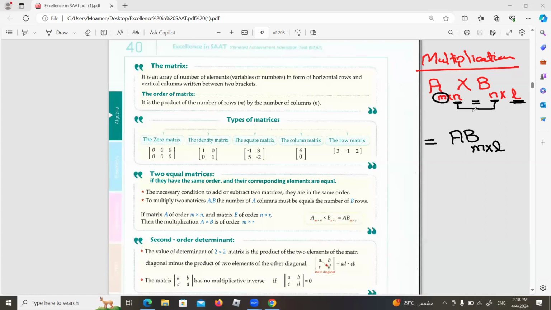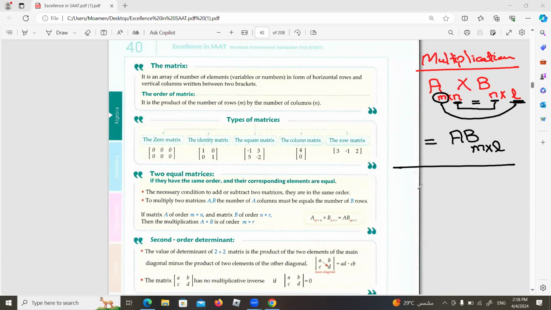Here N and here N, they are equal, so I can multiply. The result will be of order M times L. This is the multiplication of matrices.